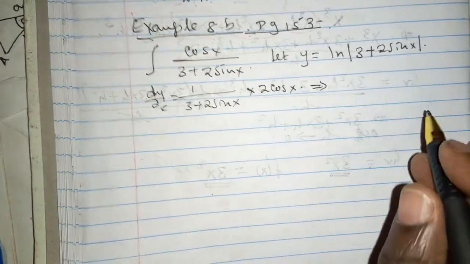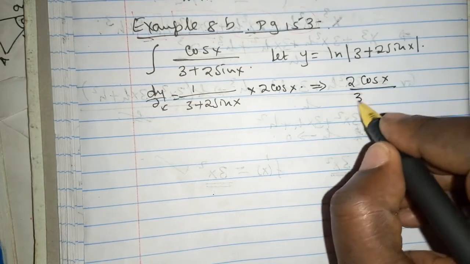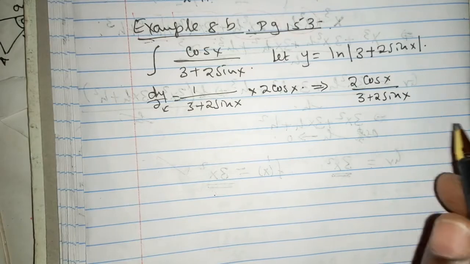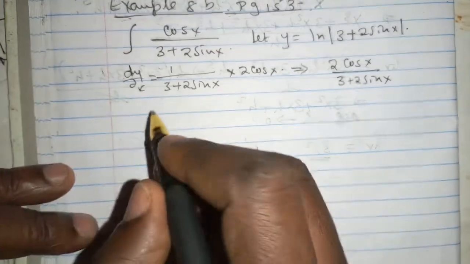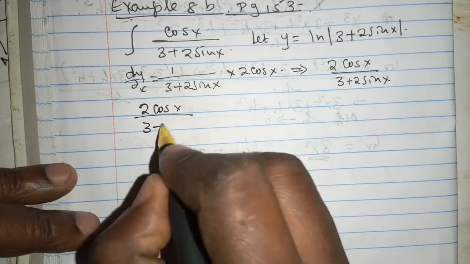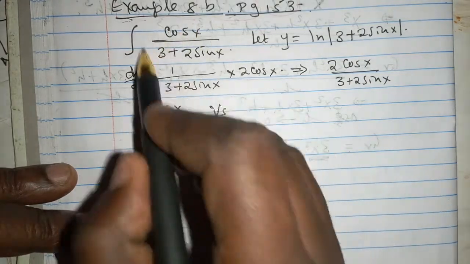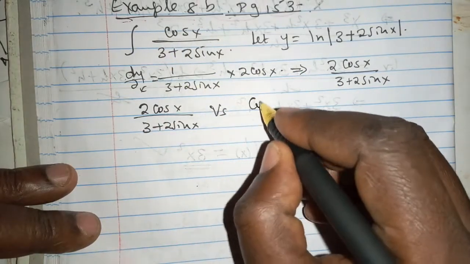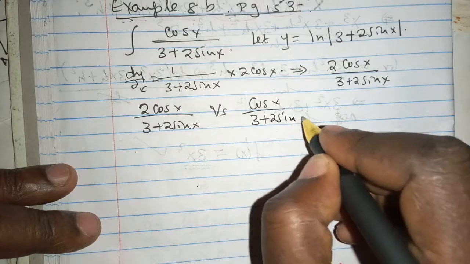The final answer is 2 cosine x over 3 plus 2 sine x. So if you compare this with what we were anticipating, the cosine of x over 3 plus 2 sine x.